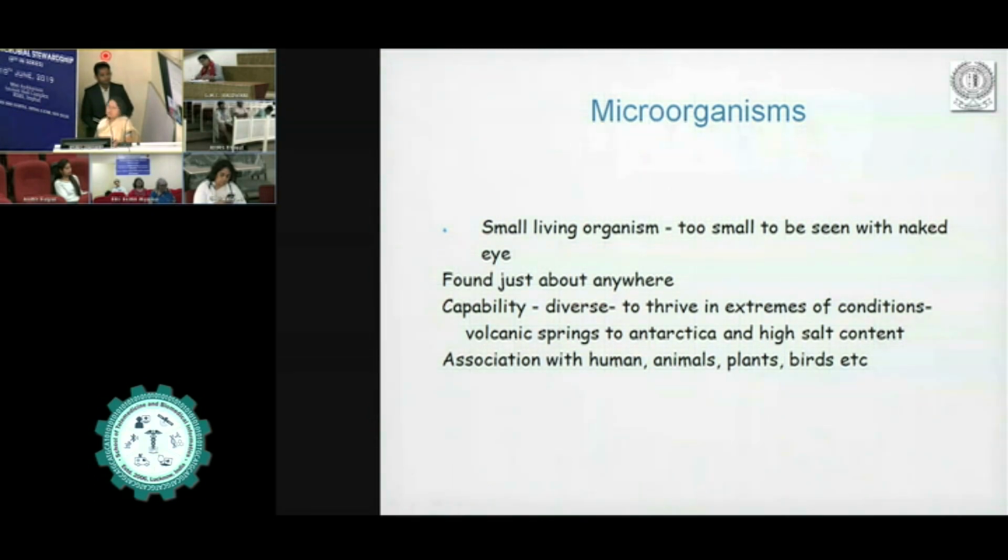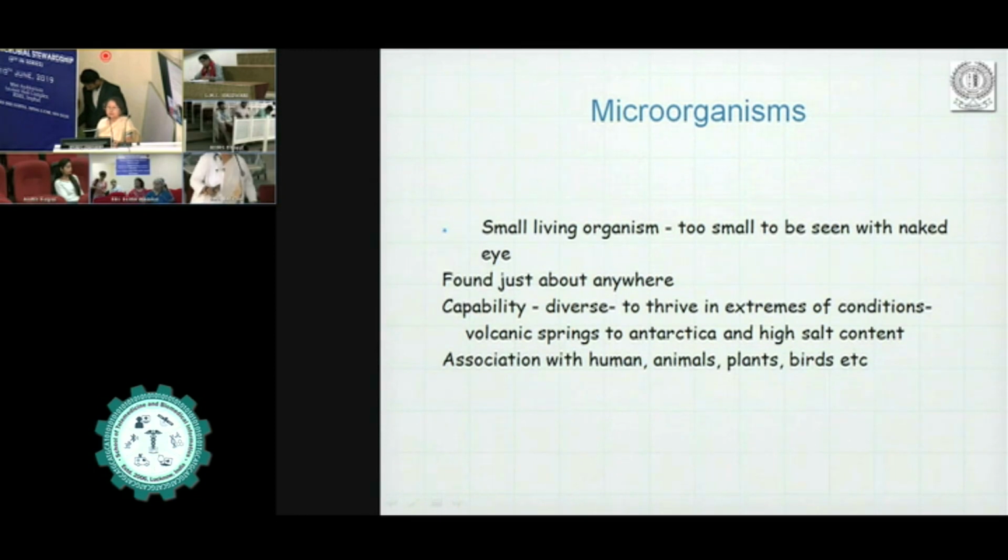And they are such a unique organism, in the sense that they have the capability to thrive in extremes of temperature. The majority survive in temperate conditions where we feel comfortable. But some of these microorganisms survive in extremes of temperature, even in the Antarctic, and even in hot springs we have detected microbes.